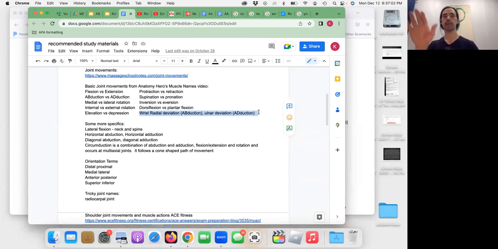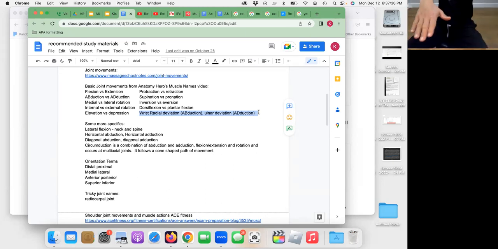Radial deviation is also a form of abduction. So even if the thumb is moving toward the midline, that's also a form of abduction, because the anatomically correct position would be supination, right? Adduction, abduction, adduction, abduction. Tricky, right? Because if you're looking at it this way, of course, this seems like adduction.